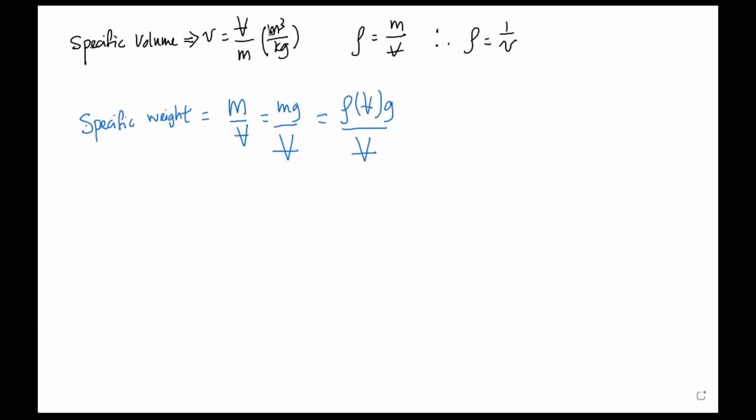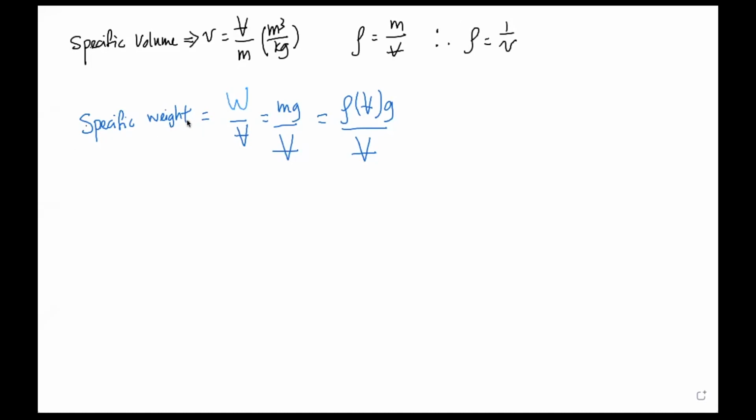In other words, the unit is m cubed over kg. If you look properly, it's actually the reverse of density, because density is mass over volume. So I can also write the density equals 1 over specific volume.